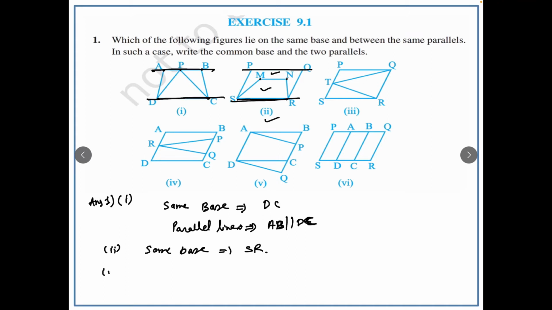Now let's see the third part. We have a parallelogram PQRS and a triangle TQR. The common base here is QR, and if you extend this line, you will find that all the vertices are lying on this parallel line.